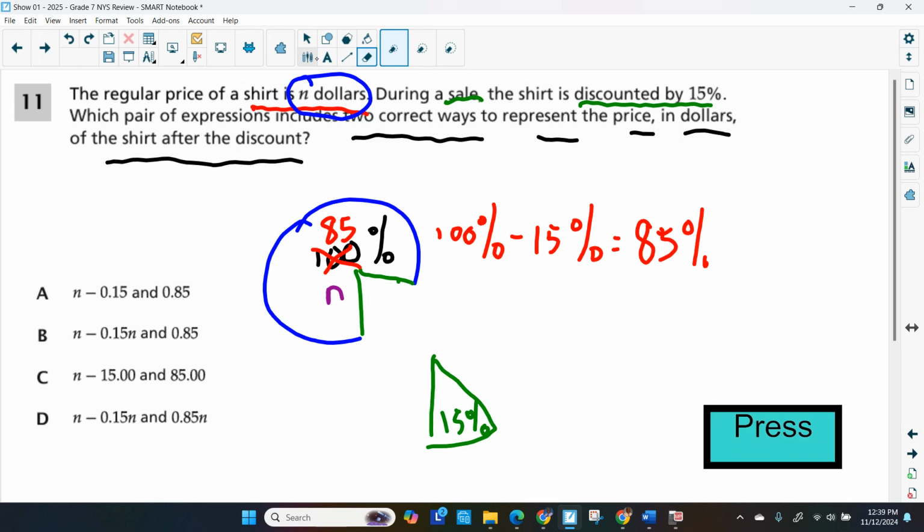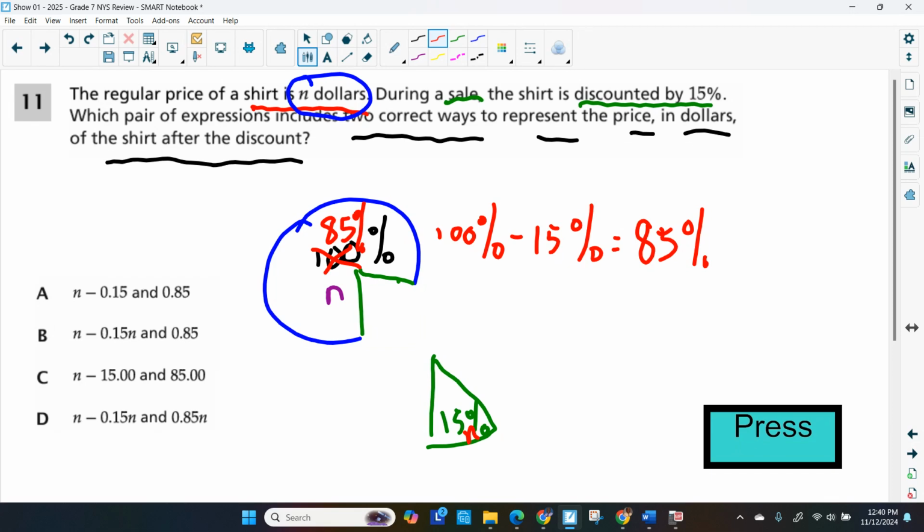Okay, so there is my partial circle, because it's not 100%, it's 85%. And I'll put the percent sign there. Of the price. So, and of means times. So yes, it's 15%, but it's 15% times the letter N for whatever the price is.